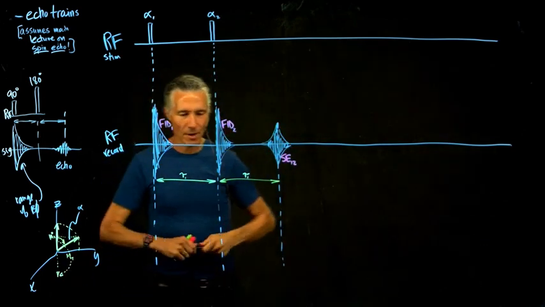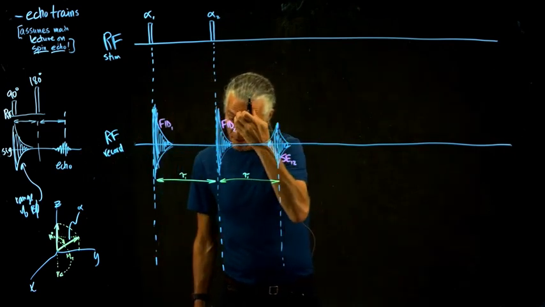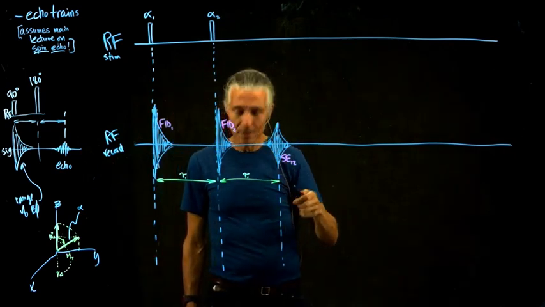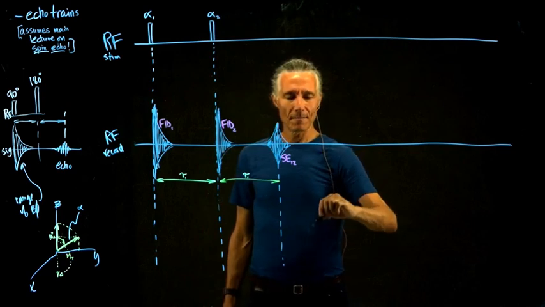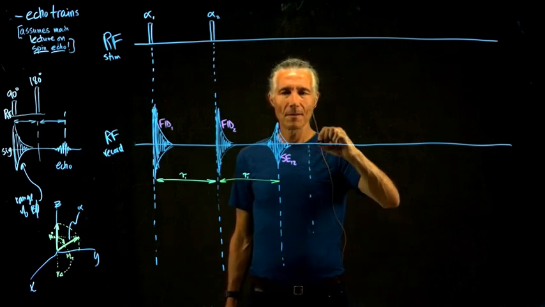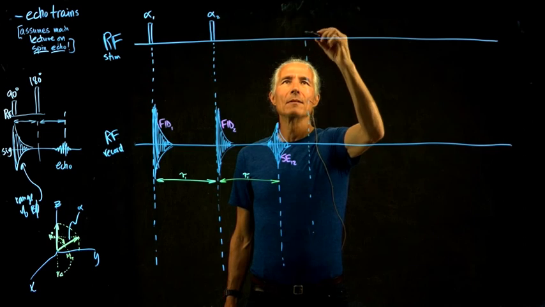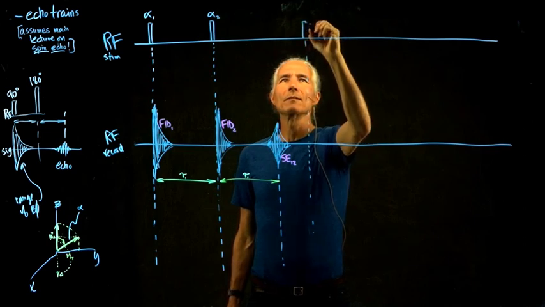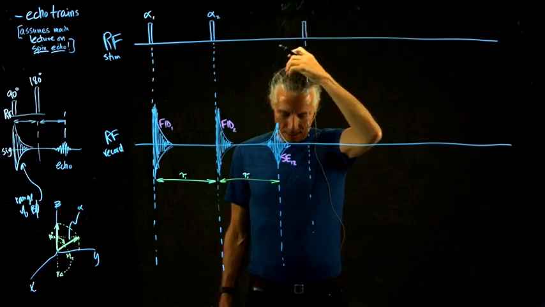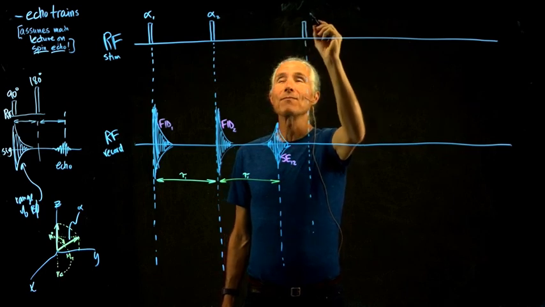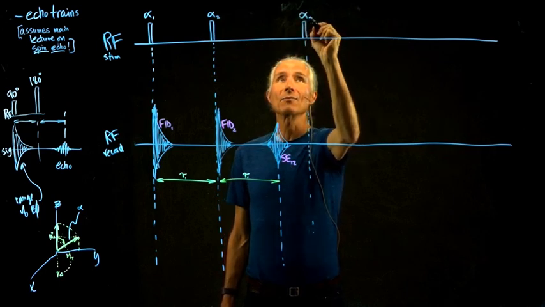But if we do a third RF pulse, let's put the third RF pulse right about here. If we do this third RF pulse, now we're going to get four additional echoes.